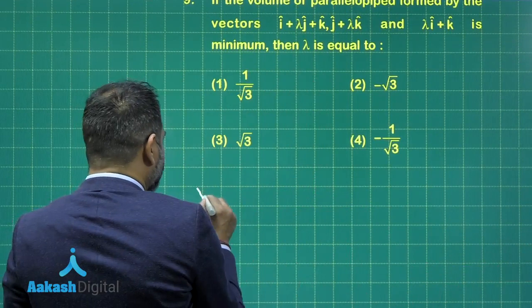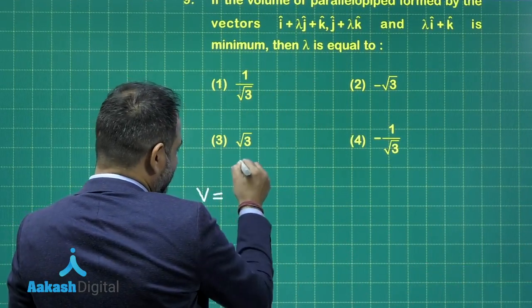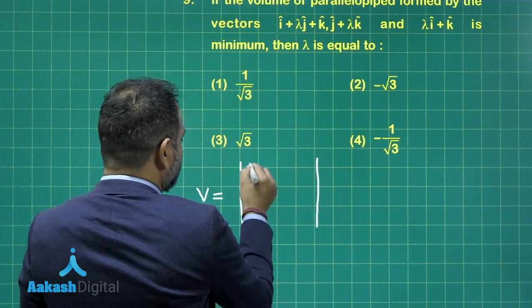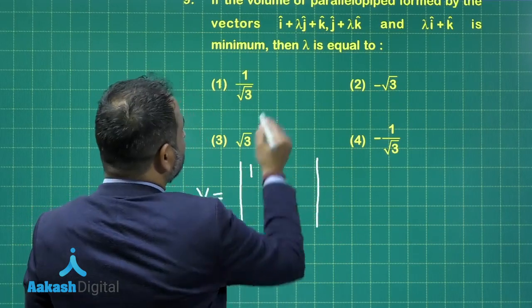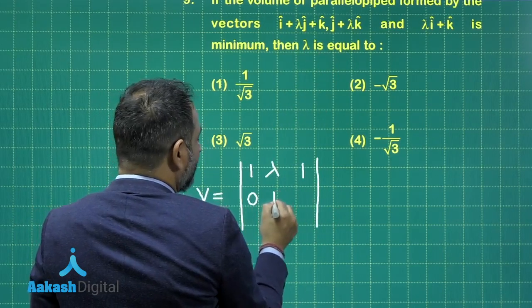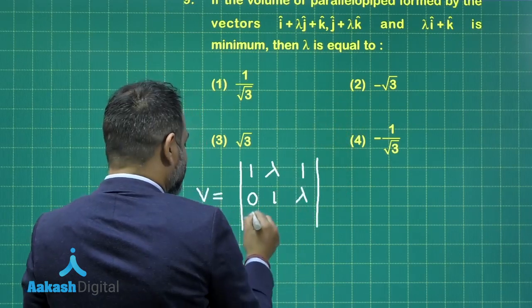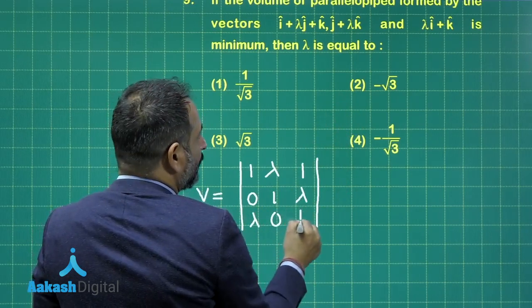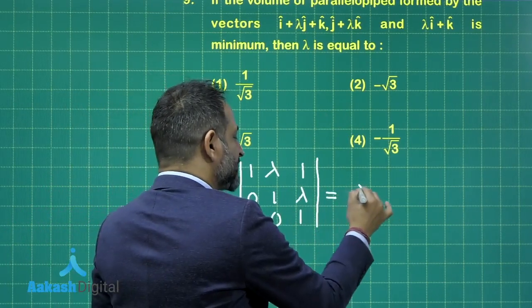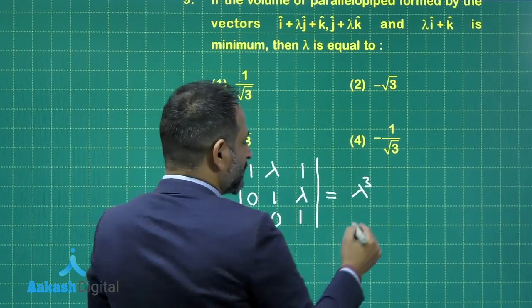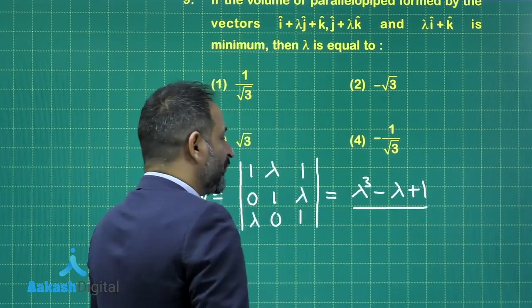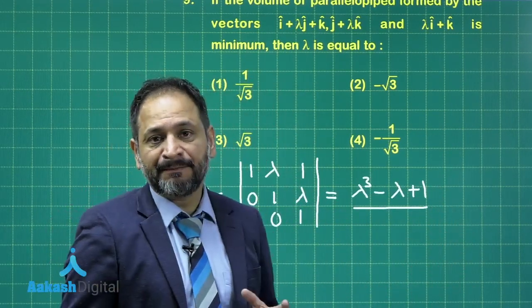So the volume is equal to the scalar triple product of these 3 vectors, which can be given as this determinant: 1 lambda 1, 0 1 lambda, and lambda 0 1. If you expand this, you will get a cubic in lambda, that is lambda cube minus lambda plus 1. Now we have to calculate when this volume is minimum.